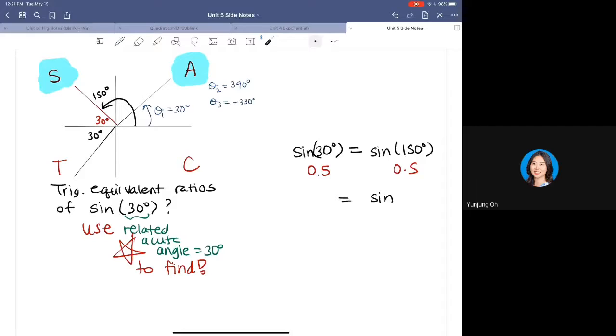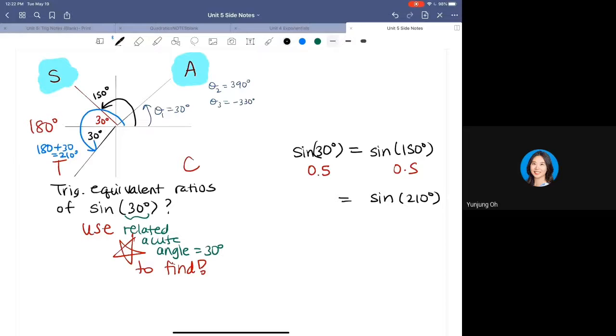My thinking process is this: I have 180 degrees from here to there. That means I have to do 180 plus 30, right? Do you see that? So that's going to be 180 plus 30, and that's equal to 210. And so I'm going to write sine 210.